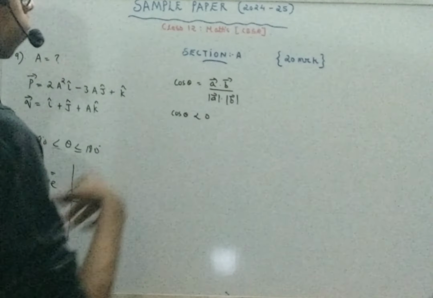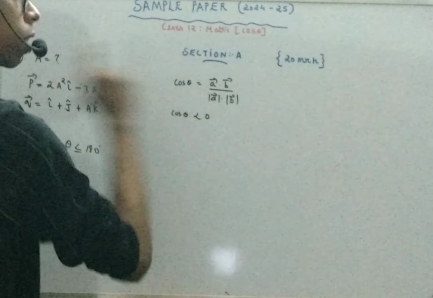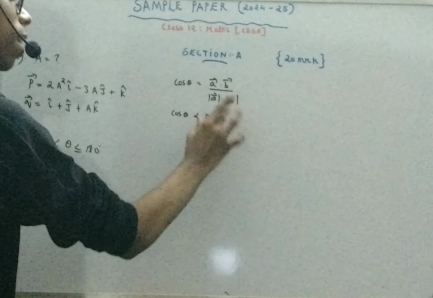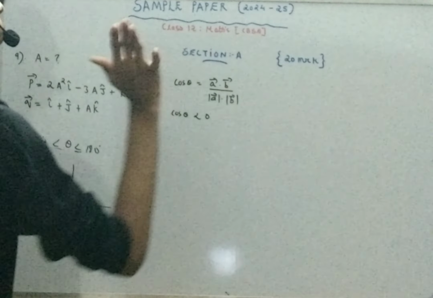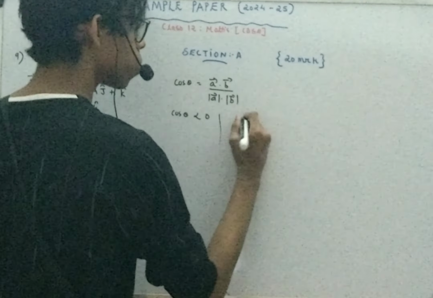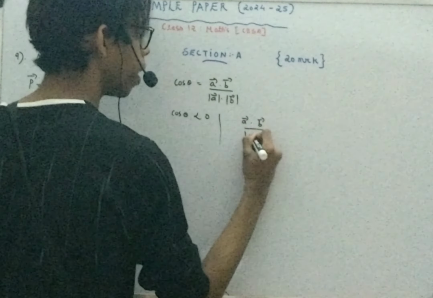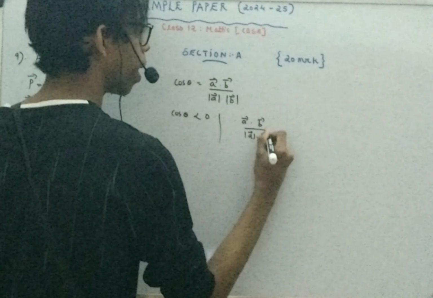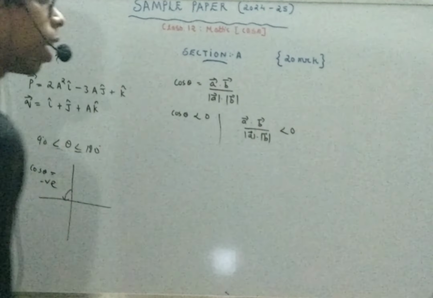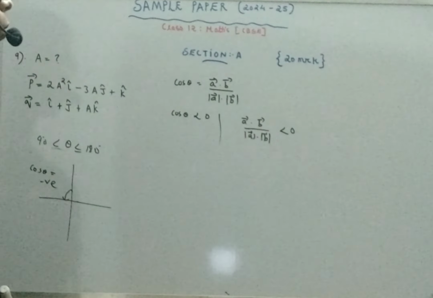Now here, if you see, cos theta is equal to this fellow. Cos theta is less than 0, then this fellow is also less than 0, isn't it? So from here we can say that a vector dot b vector divided by magnitude of a vector into magnitude of b vector is also less than 0. Now what can we do?